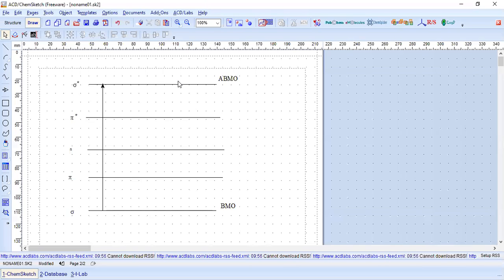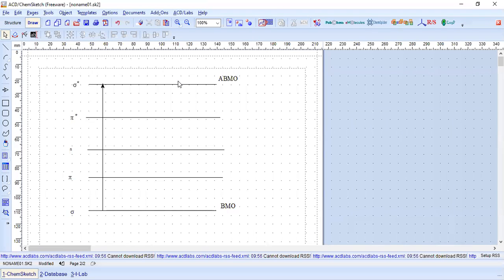This is electronic transition. In our previous classes, we have seen vibrational transition and rotational transition, but we have not discussed this electronic transition. Now, the electronic transition is a highly energetic transition. Within electronic transitions, we have vibrational as well as rotational transitions.